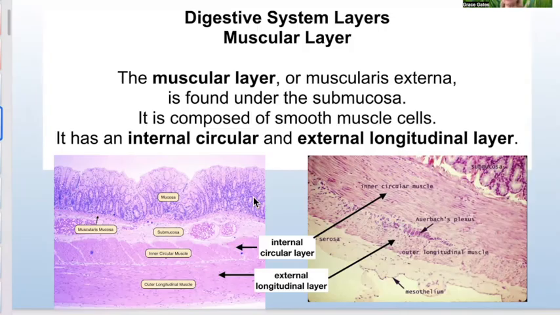Take a moment to look at that and notice how the layers look different in the picture on the left and the right. That is because the one on the left was cut longitudinally. Let's write that down: longitudinal section. Whereas the histology slide on the right was cut in cross section, just so that's clear.